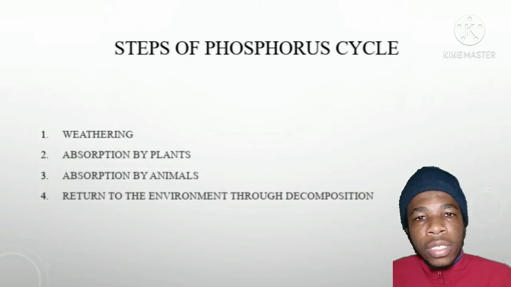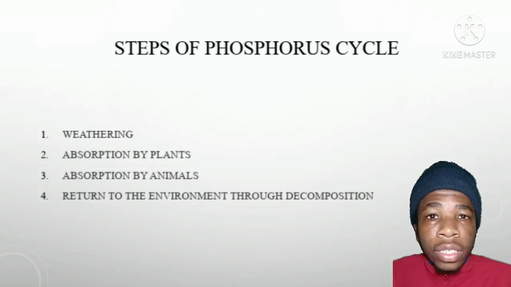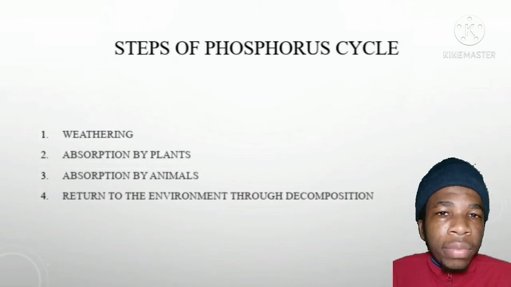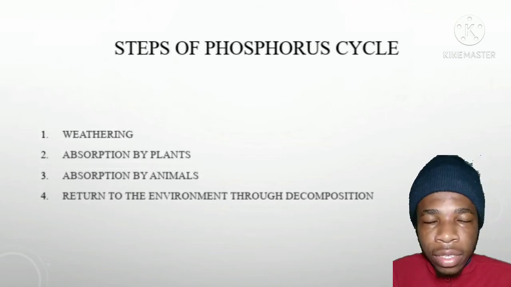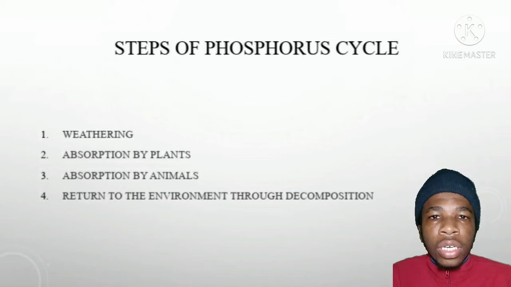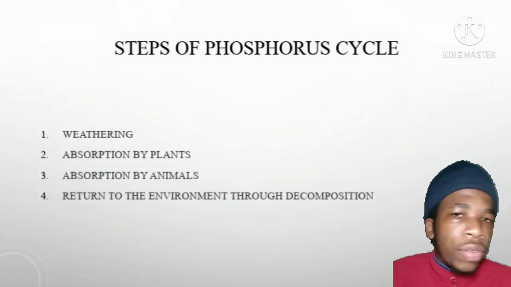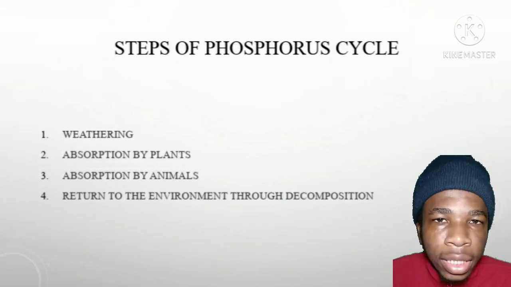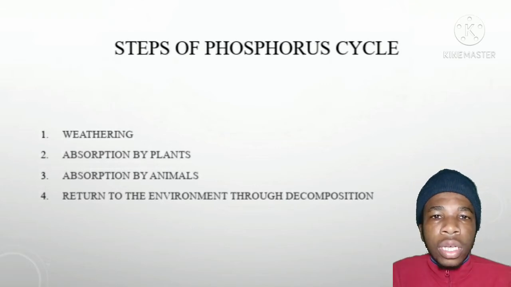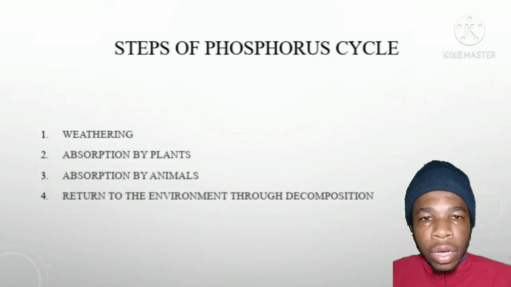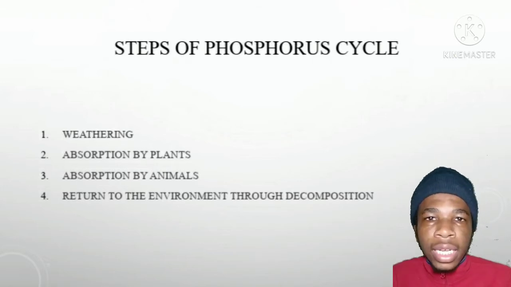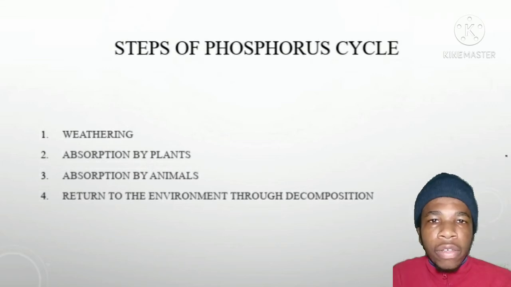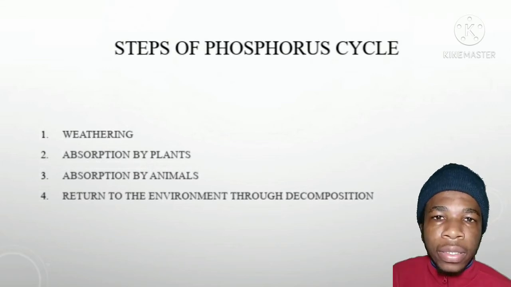The fourth step is where the phosphorus returns to the environment by decomposition. So the animals that die after already eating other animals or eating a plant where the phosphorus was found are decomposed, and microorganisms break them down and they just return to the earth. So that's the entire phosphorus cycle.